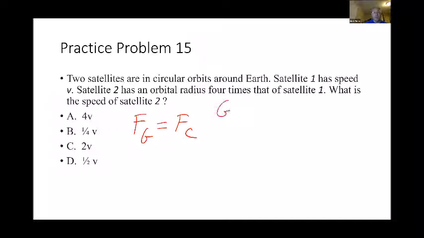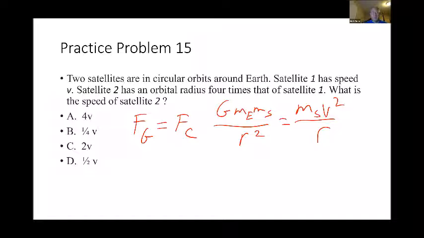We know that gravity is big G times the mass of the Earth, times the mass of the satellite, over r squared. And that's going to be equal to the centripetal force, which is mass of the satellite, v squared, over the radius. So let's solve this for v, rather.